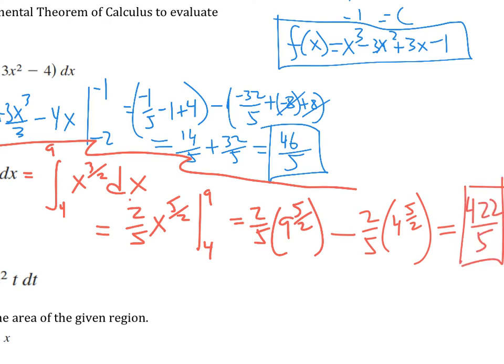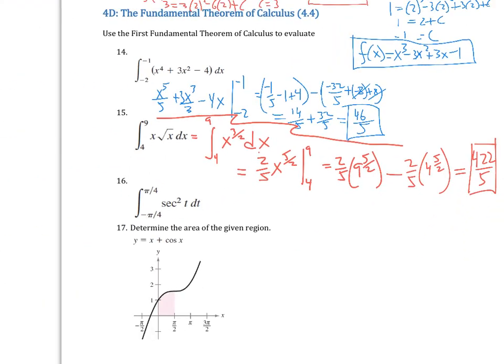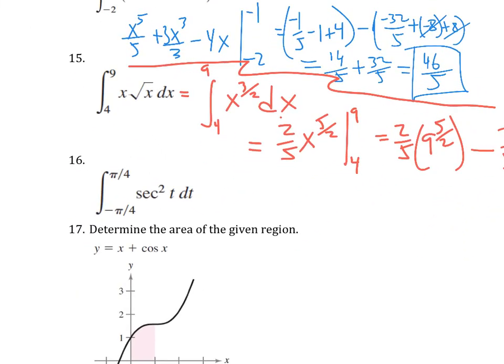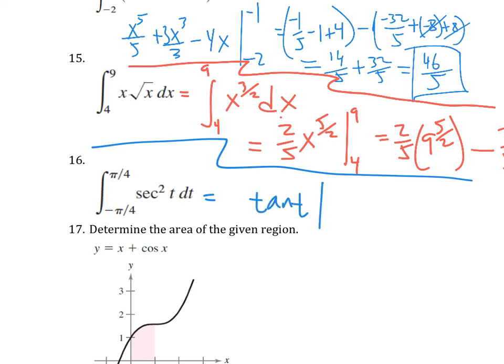All right. Secant squared, we're going with a little tangent coming on here. And so the tangent of t will be our antiderivative from -pi/4 to pi/4. Okay.